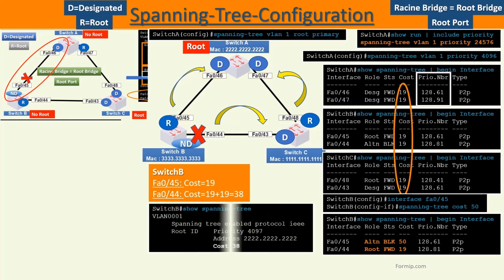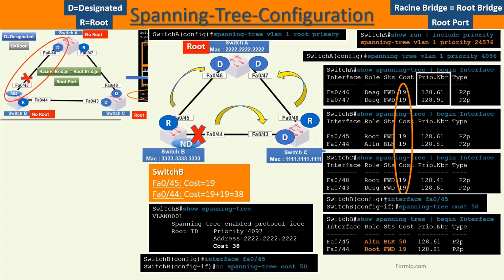With a show spanning-tree, without the pipe, we see that the root ID carries the MAC address represented with 2. It is therefore switch A, and to join it, the cost is 38. Before continuing, we will return to the initial state by deleting our last command.